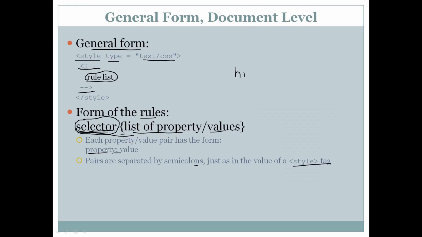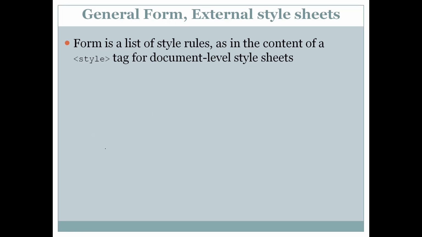Let's move to the next format, that is the external style sheet. In the case of an external style sheet, the form is a list of style rules, as in the content of the style tag for the document level style sheet. An external style sheet has to be a separate file, and its syntax is the same as the document level style sheet.